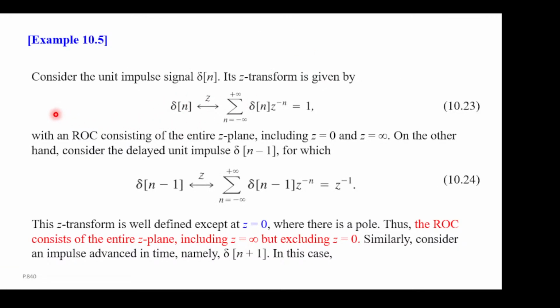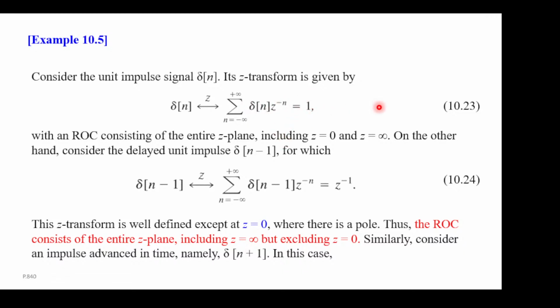So the delta function, delta of n, remember it's just 1 at n equal to 0. And okay, so you do a z transform. So summation from minus infinity to plus infinity, delta of n, z to the minus n. Then you see that this picks out the n equal to 0 term, so we just get 1 here.